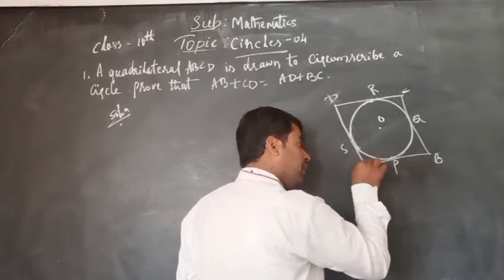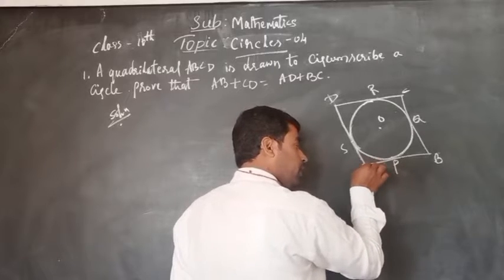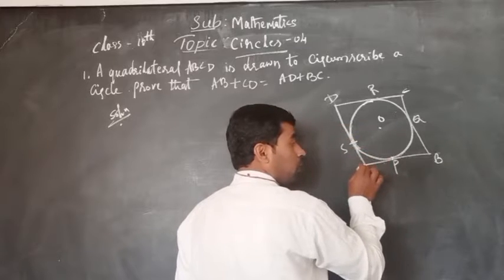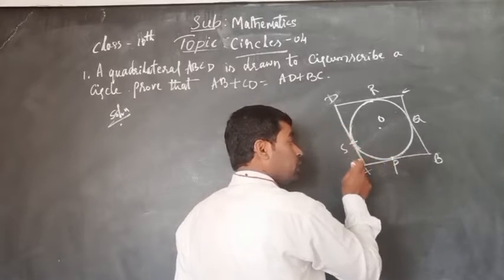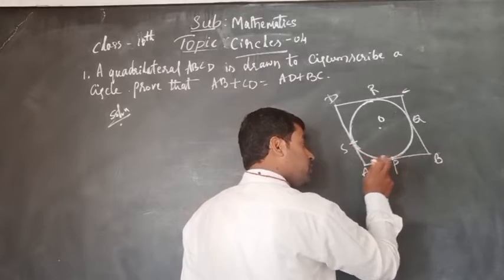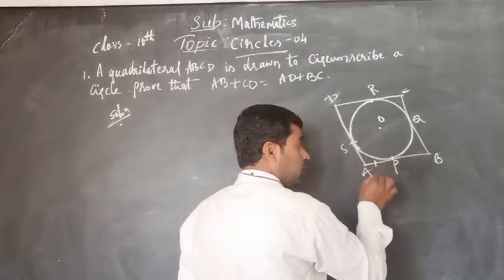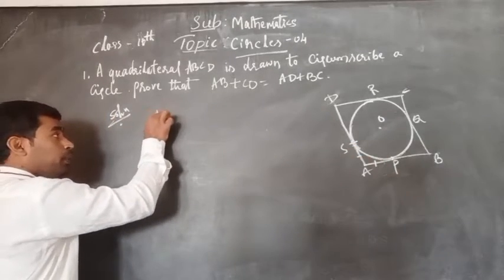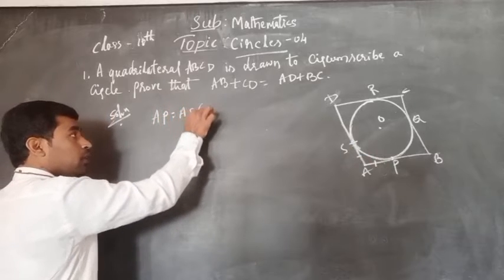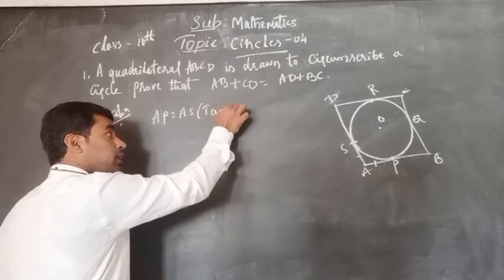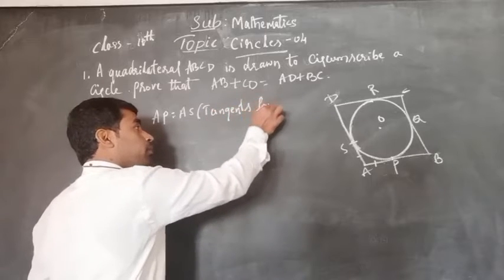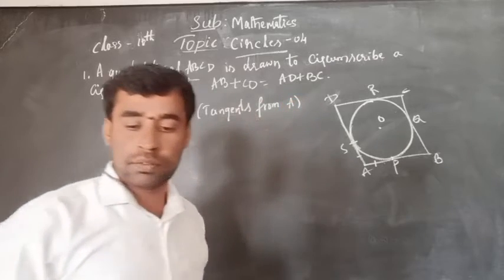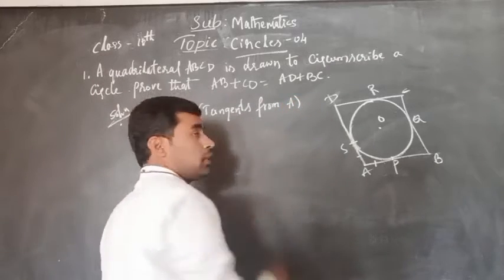From the point A, the length of AP is equal to AS because AP and AS are the two tangents from the external point A. Therefore, the length of AP is equal to AS. The reason: tangents drawn from A.